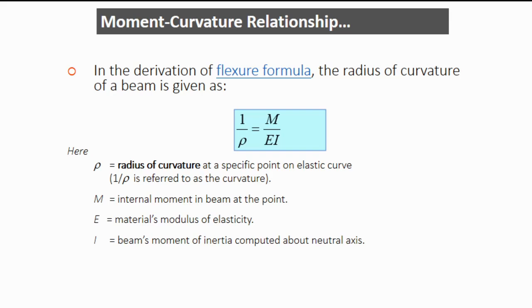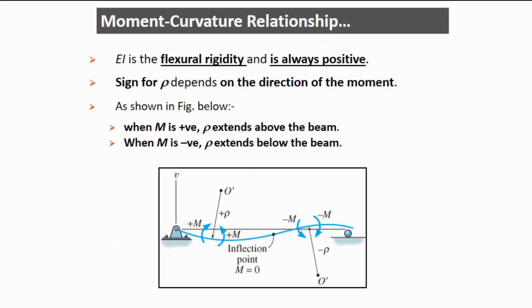In this expression, 1/rho is known as curvature, M is the internal moment, and EI is the flexural rigidity of the beam and it is always positive. E is a material property, it depends on the material type. I is the cross-sectional property.